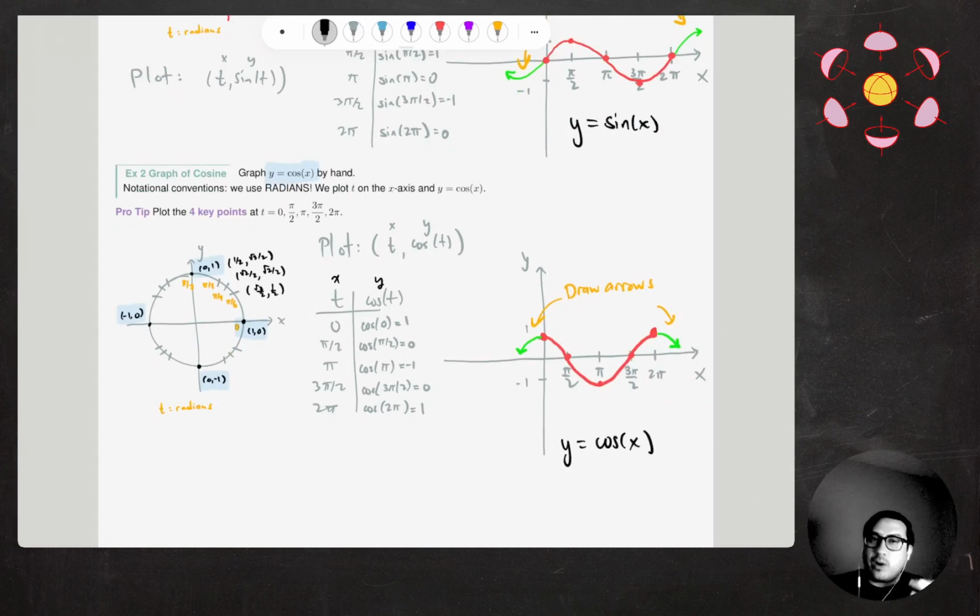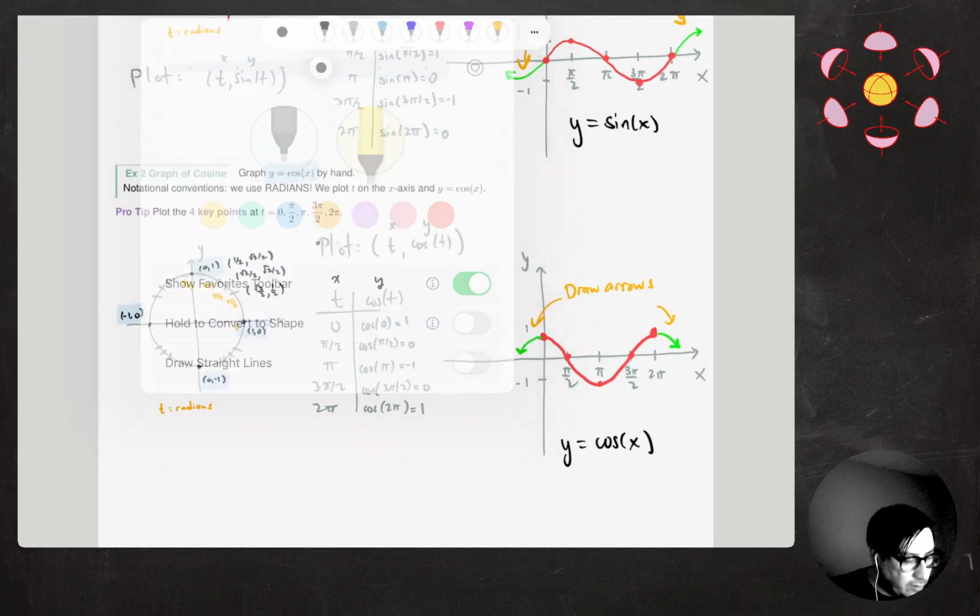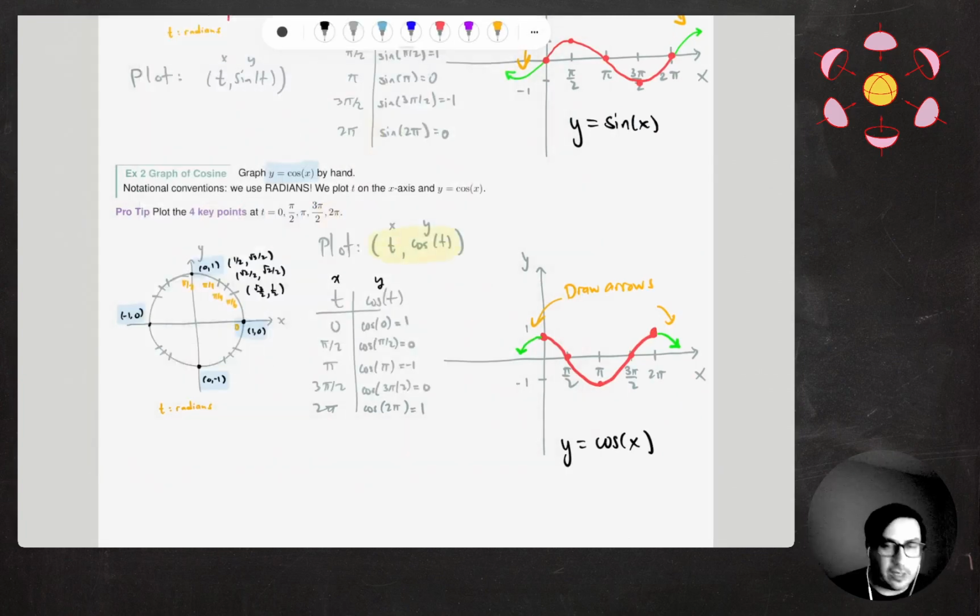So why did I use t's? If you go back to the original construction here, I used t's as a temporary value, just to help our thinking in going from the unit circle to these graphs.